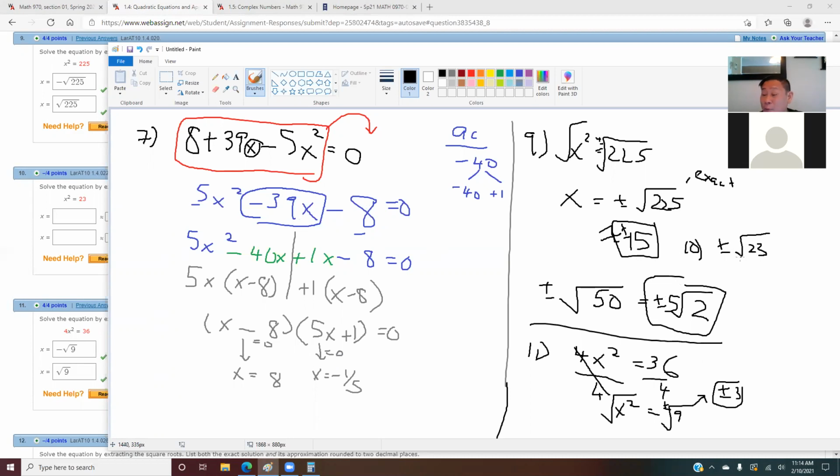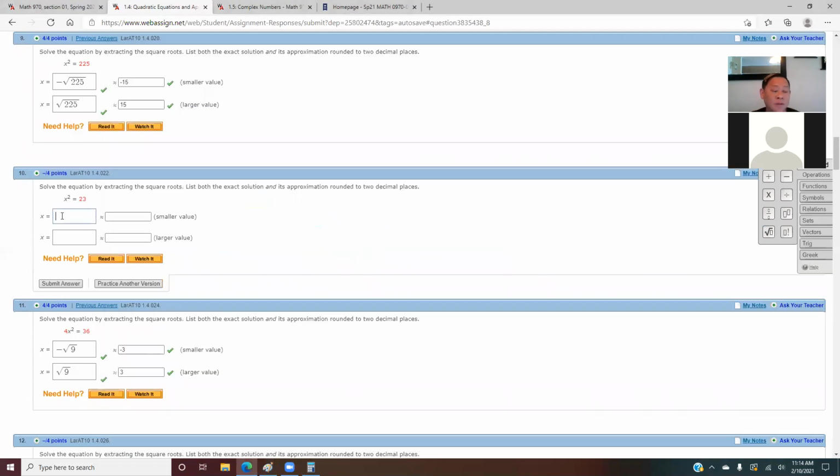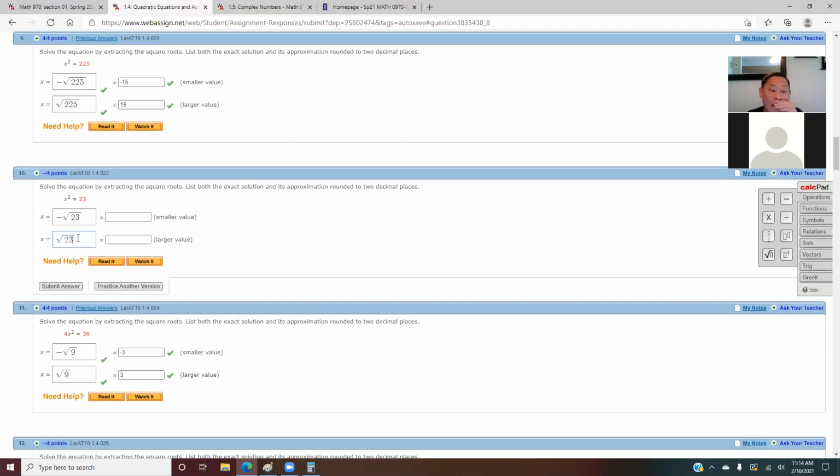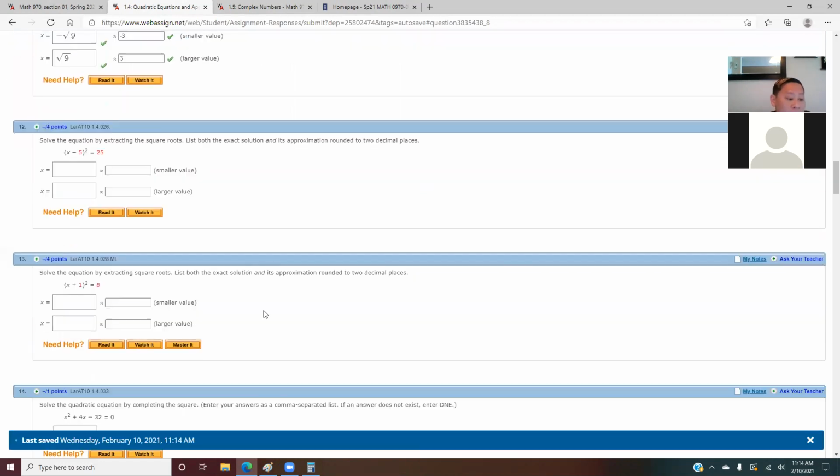Unfortunately, 23 cannot be broken down. So this will be a negative square root of 23, and this is a positive square root of 23. This is what I want in your test. I do not want you to put in decimal places because I want it in the square root form. Then this one, you just need to use your calculator.